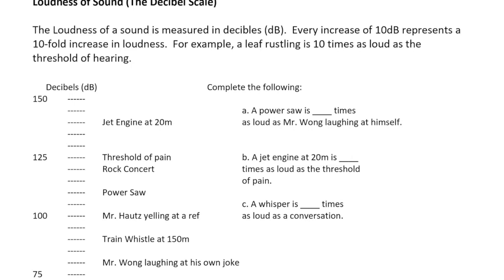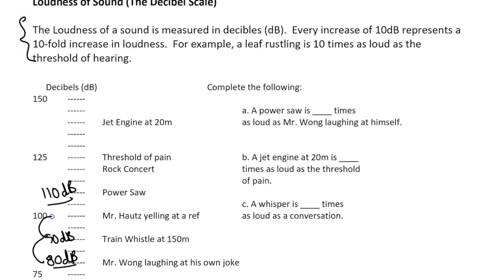What do I mean by that? If we compare a power saw, which has 110 decibels, with me laughing at my own joke, which is probably much louder than 80 decibels, but we'll say it's 80, we want to see how many more times intense that would be. Going from 80 to 90 decibels, based off of the definition we're given up here, would be a 10-fold increase.